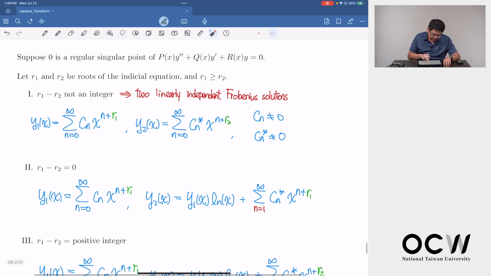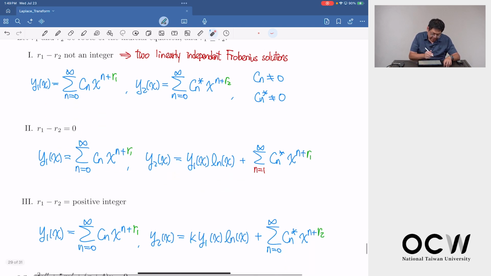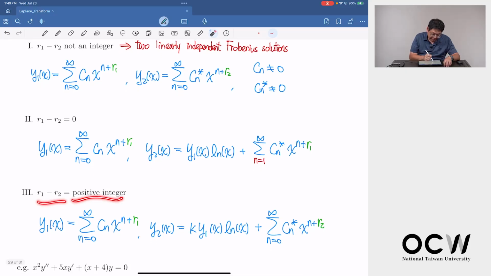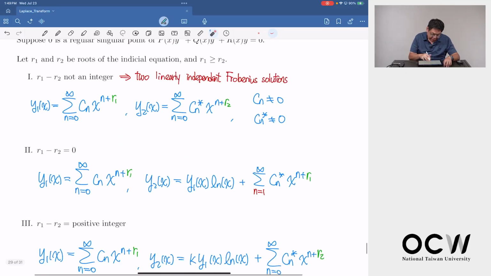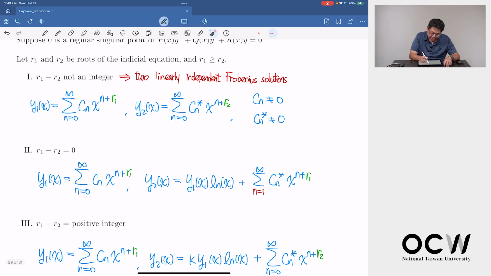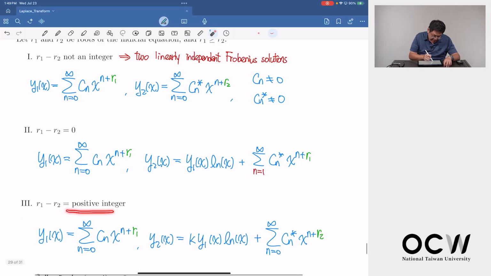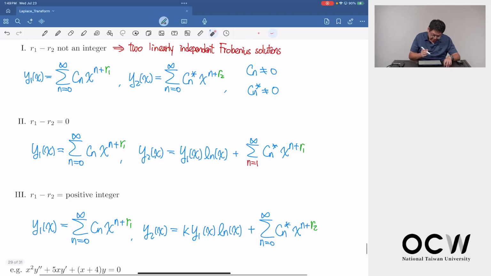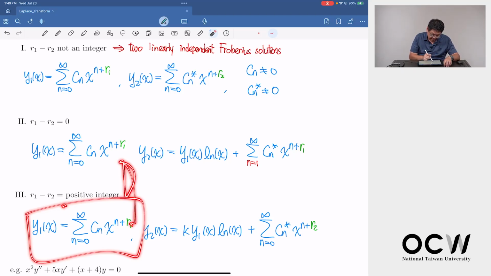The next one is that the difference is a positive integer. If it is not an integer, I have one solution. If it is equal to 0, I have another expression. But if the difference is a positive integer, it could not be negative because we assume that R1 is greater than or equal to R2. So with a positive integer, the first solution y1 is the same.